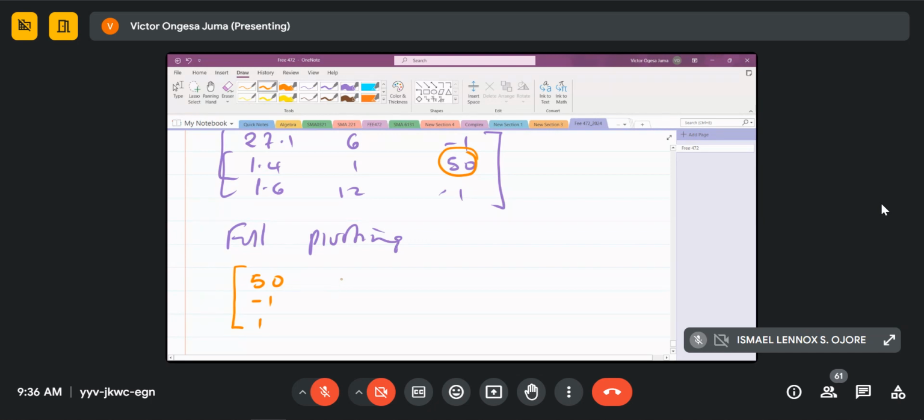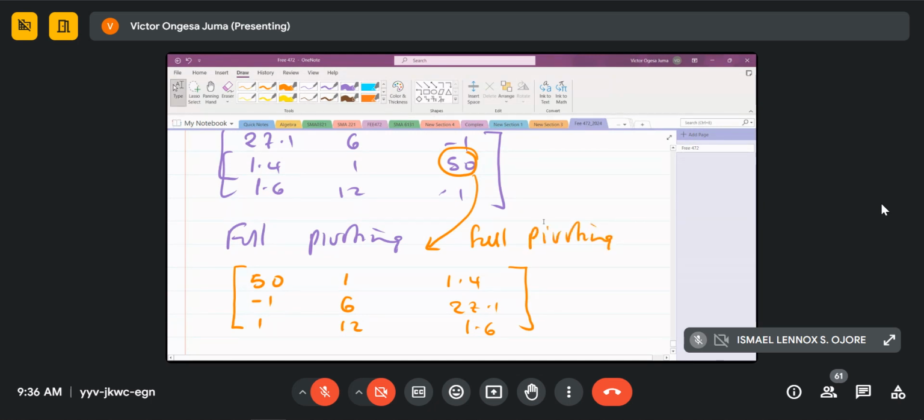And then I'll have 1, 6, and 12. And then I'll have this is 1.4, I'll have 27.1, and then I'll have 1.6. So here, what I've done, I'm just writing here, I've applied full pivoting.